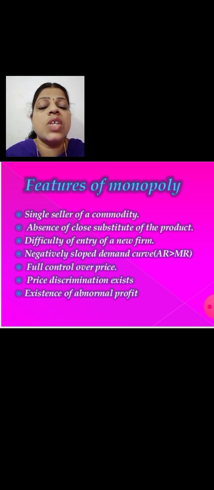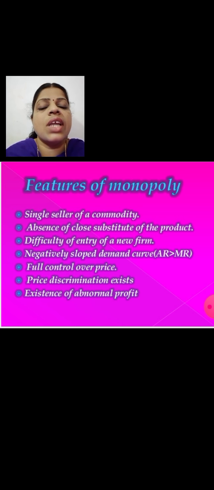And the next one is difficulty of entry of a new firm. That is, a new firm cannot enter easily into the market. There are certain norms or conditions. Only after fulfilling them can such a firm enter this market.